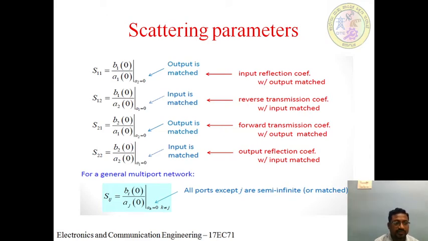If a1 is equal to 0, then S22 is equal to b2 divided by a2, that is, input is matched. So it is the output reflection coefficient with the input matched. In a general multiport network, Sij is equal to bi divided by aj with ak equal to 0 for k not equal to j. That is, all ports except j are semi-infinite or matched.